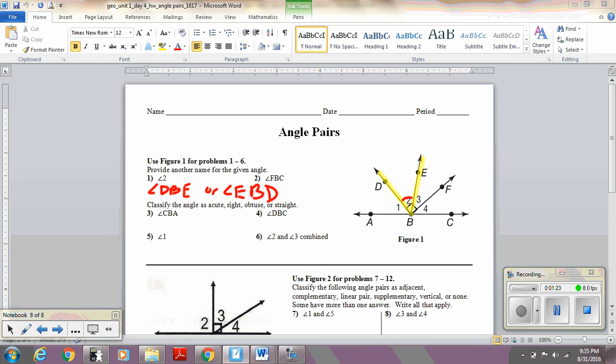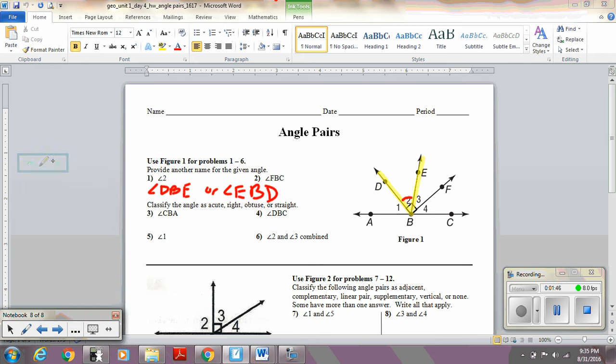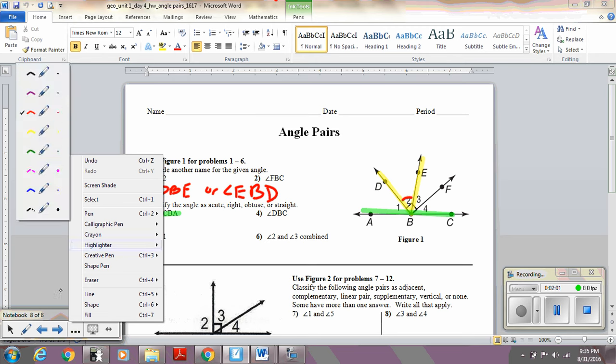For number 3, they want you to classify as acute, right, or obtuse. So let's trace angle CBA. CBA is here. Since CBA is a straight line, this is a straight angle.